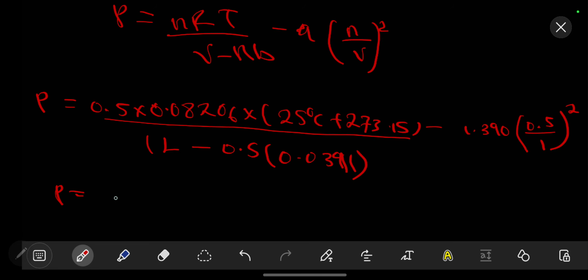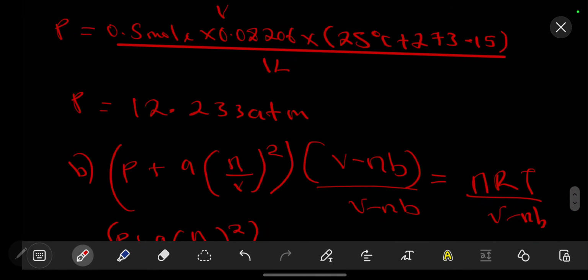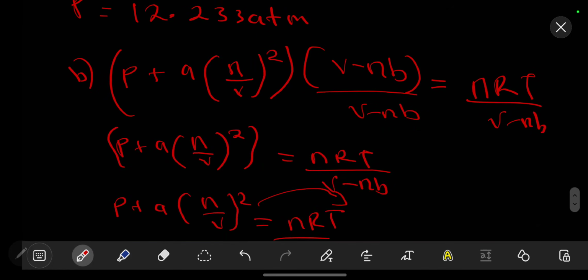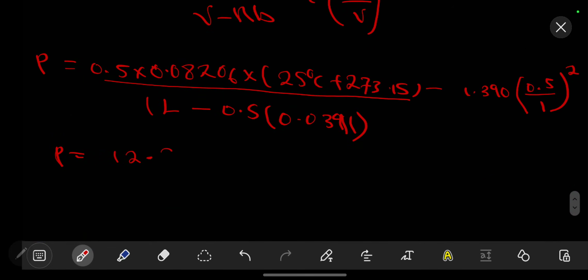Now if you look at what is on top, this is not different from what we multiplied at first, and the answer we got was 12.233. Then over, we are going to have 1 liter minus 0.5 by 0.0391, which gives 0.01955.